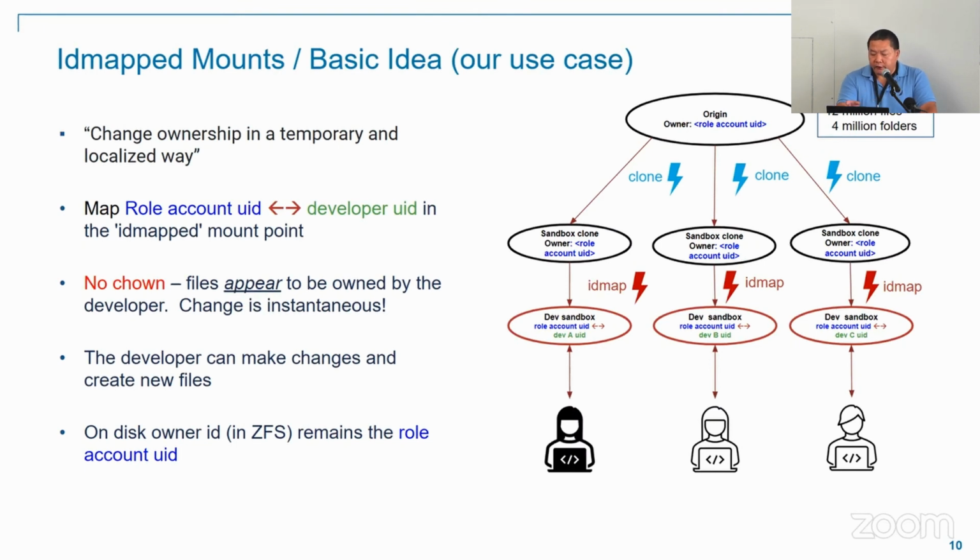After that, everything just works. Once you have the ID mapping, when you do file operations or get attributes, there's some translation that happens, but that translation is very fast.